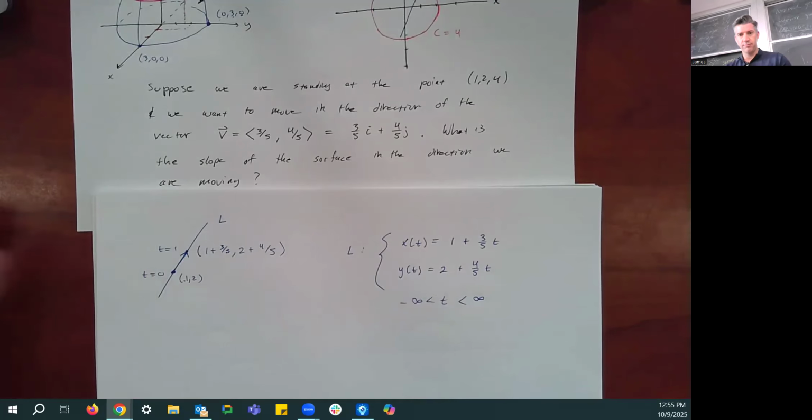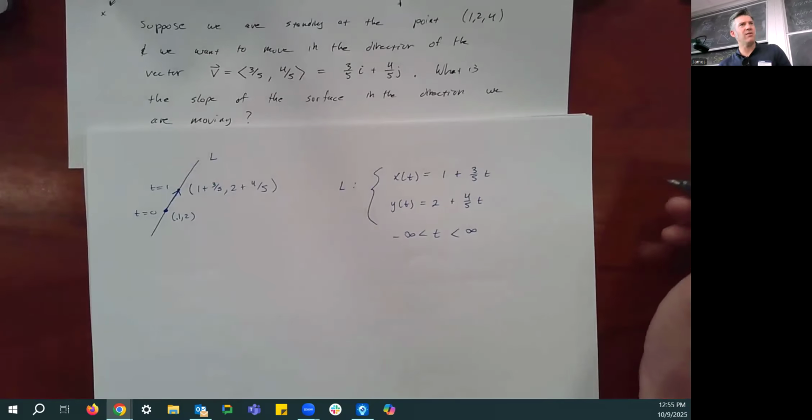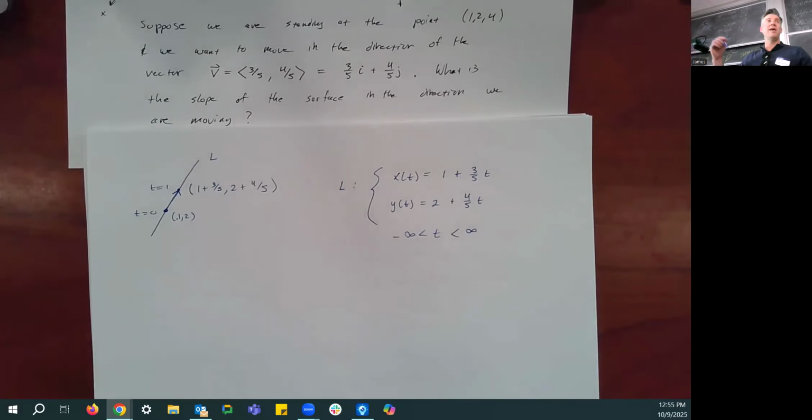Okay. So what are we trying to find exactly? We're trying to find the slope, aka the derivative of the function.